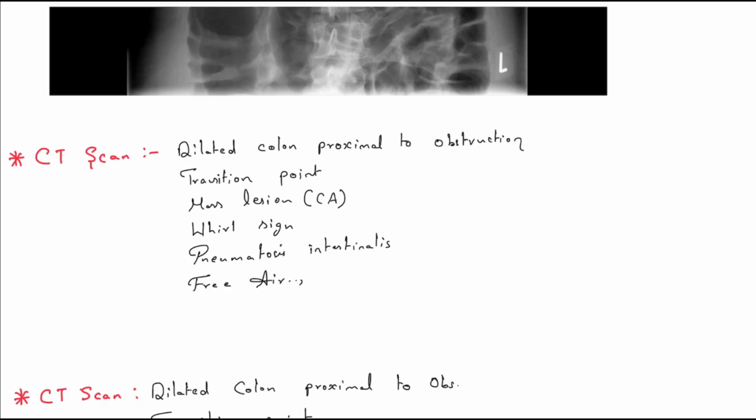CT scan is the best investigation, the gold standard investigation. Why CT? The CT scan will help to identify the cause, it will define the levels, and it will help to detect ischemia. Then it will help to detect perforation. Then it will guide surgery. Okay, in CT findings we can see dilated colon proximal to obstruction.